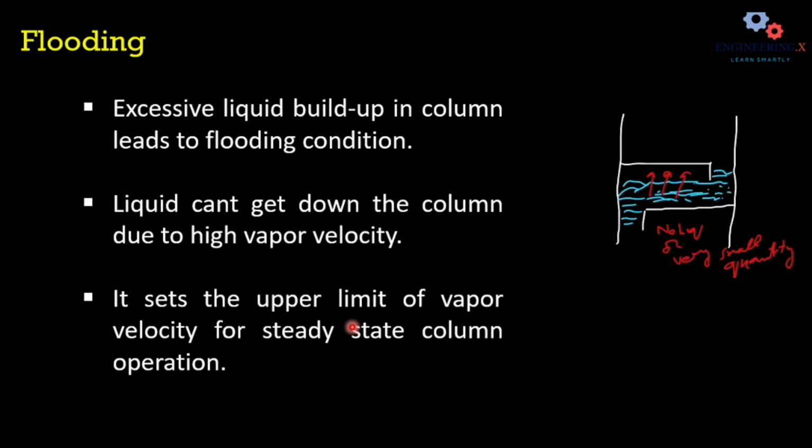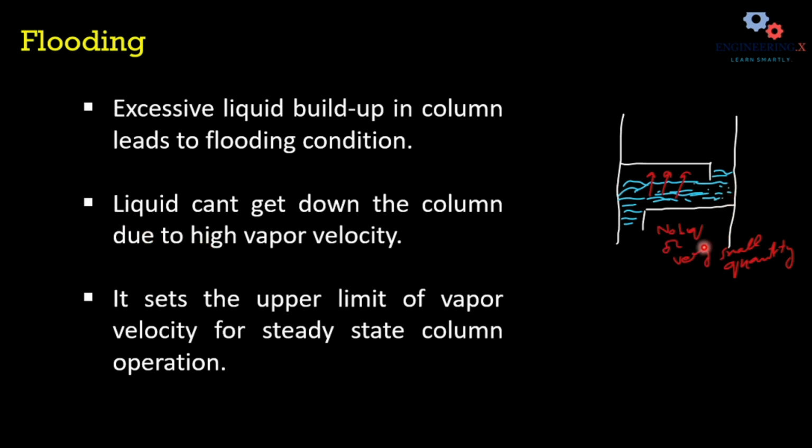So flooding is a condition that occurs in distillation columns at high vapor velocity. The excessive liquid starts to build up in the column, which leads to flooding conditions. Almost no liquid flows through the tray, so it drastically reduces the separation efficiency of each plate.